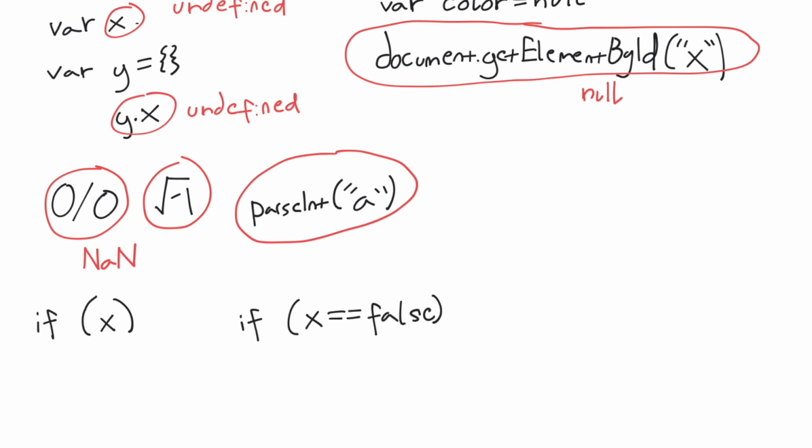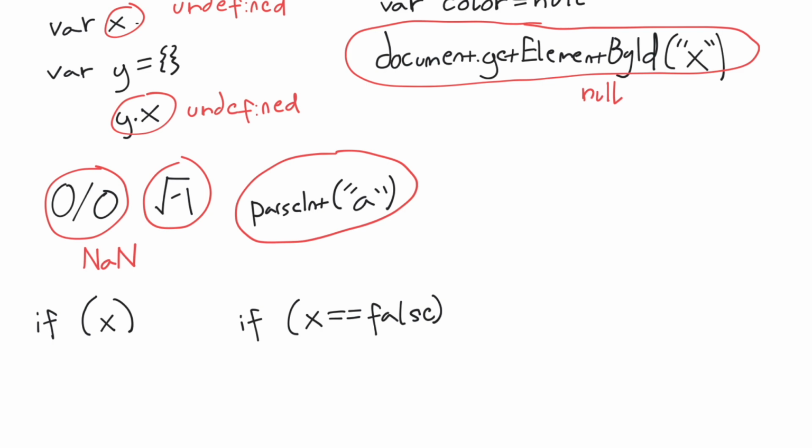And if we use the equality operator, actually the exact same thing is going to happen as in the first statement here, which is just if x. That's because the equality operator, when checking if something is false, will first convert the other value into a Boolean. So in this case, undefined, null, not a number, empty string, would all be deemed equivalent to false.